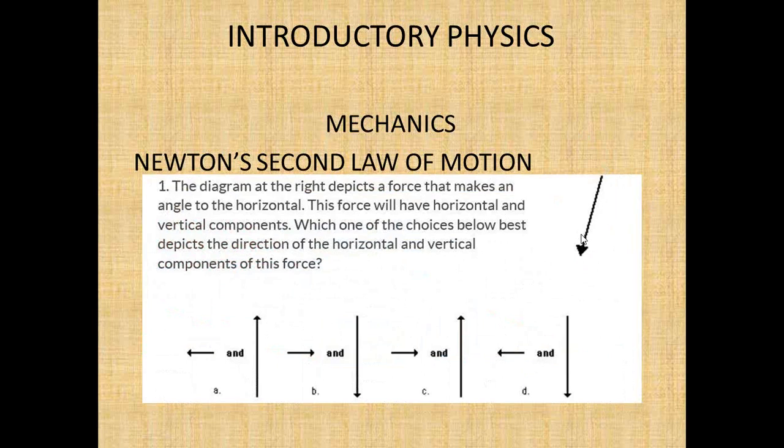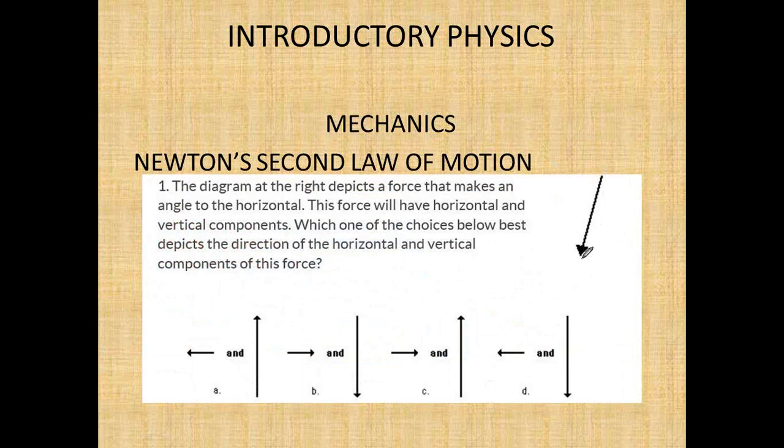Once it's making an angle to the horizontal, you can resolve it into its horizontal component and its vertical component. That's important. Essentially what you're doing is creating a right angle triangle.